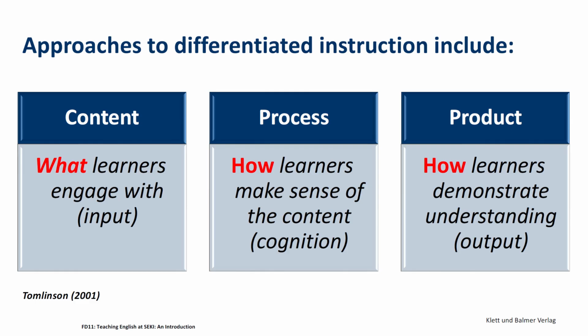She also talks about differentiating process. This is how learners make sense of that content. So it's about the thinking, the interaction in the classroom, or also the support we build in. And finally, we can also differentiate the product. This is how learners demonstrate that they've understood, okay? So how they demonstrate their learning. So it's basically the outcome.